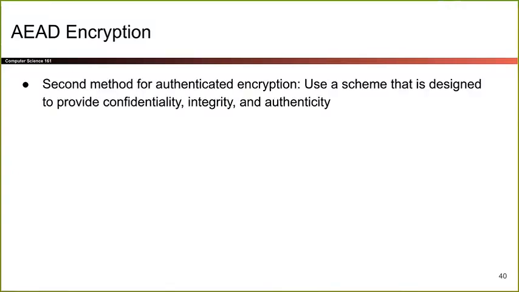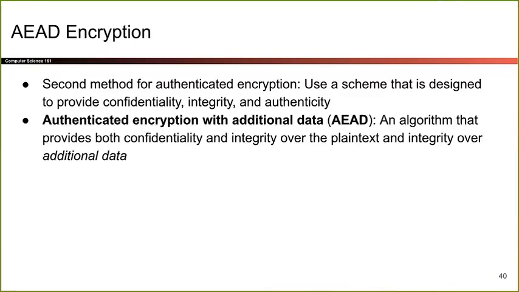The second method is called authenticated, but still authenticated encryption. But this one says, instead of combining schemes that do one or the other, I'm going to just start from scratch and design a scheme that gives me all three immediately. And then this design will give me all three together. This is usually called authenticated encryption with additional data. That's a lot of words.